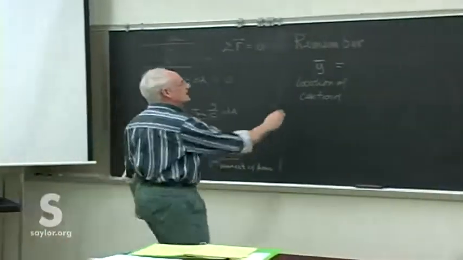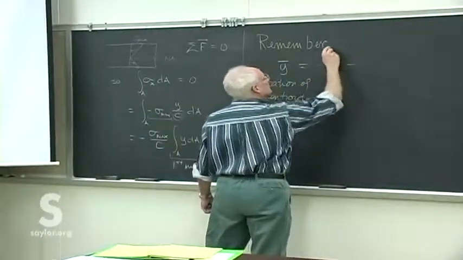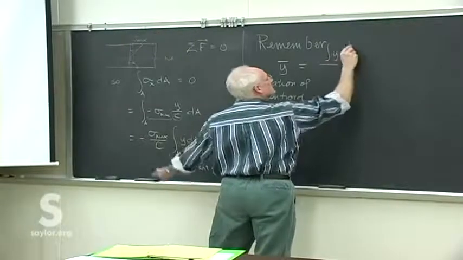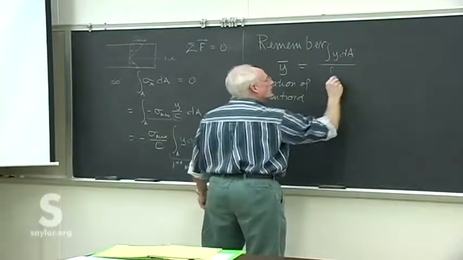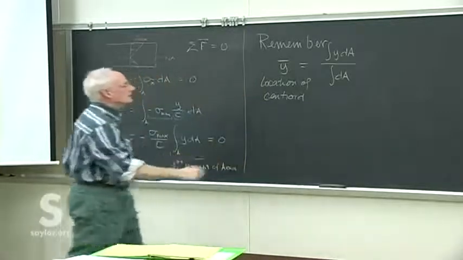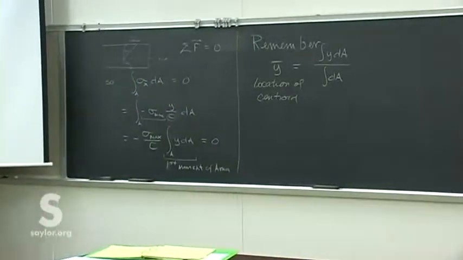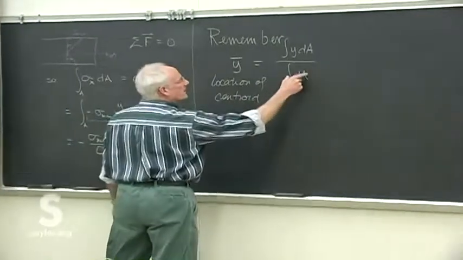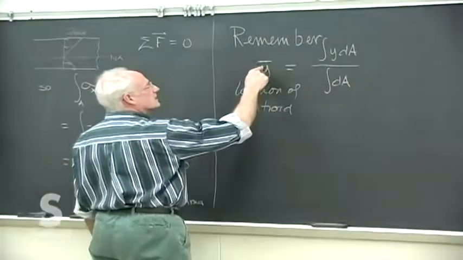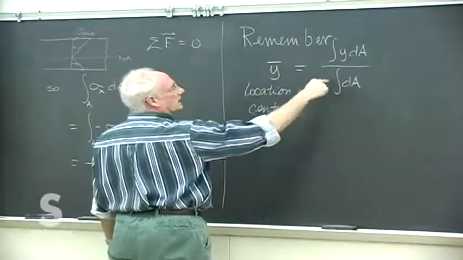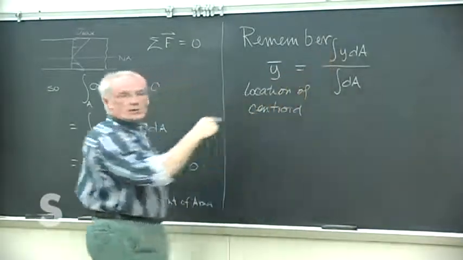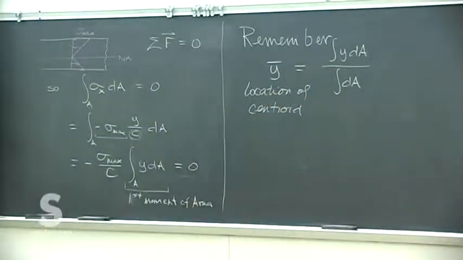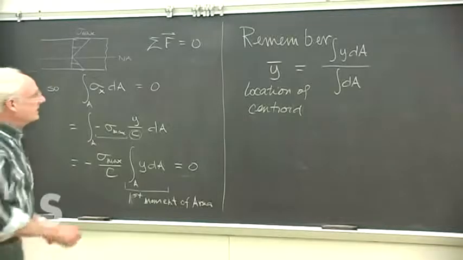And that was defined as the integral of y dA, exactly what we've got there, over the integral of dA itself. That just came from this being over here, so that we had essentially a y integral dA equals integral y dA. We were finding this location of the centroid, essentially the balance point of the area.